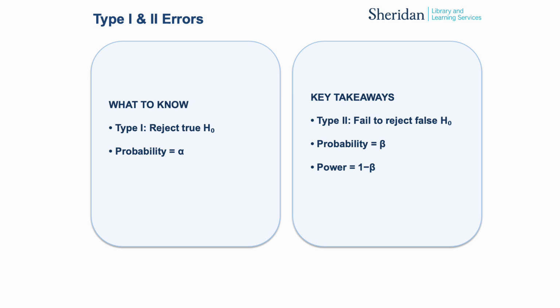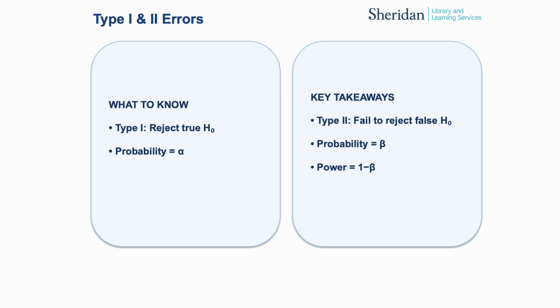Let's start with type 1. A type 1 error occurs when we reject the null hypothesis even though it's actually true. In other words, we conclude that there's evidence for change, when in reality nothing has changed. For example, imagine a company claims that its products meet quality standards.